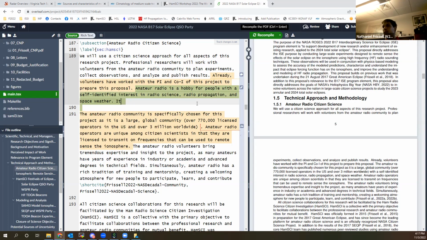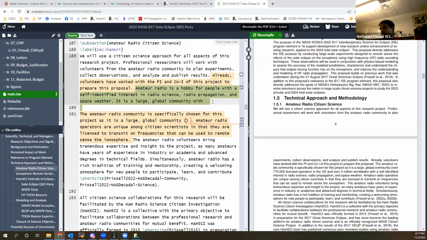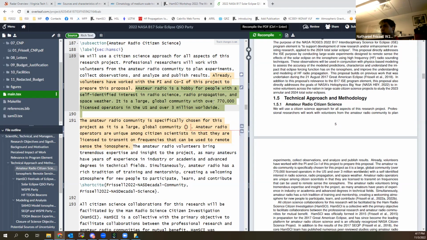There it is a large community with a large... let's see.